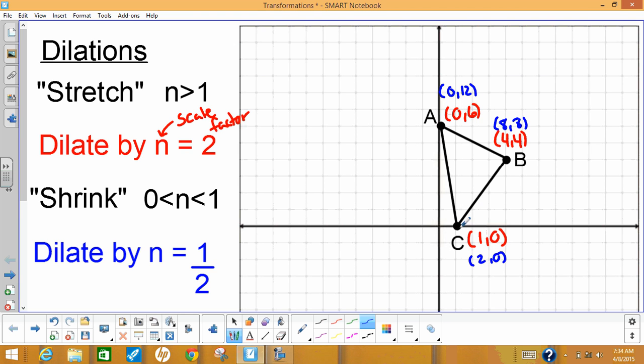So we can draw those. There's C prime. There's B prime. And there's A prime, I'm sorry, not C prime.